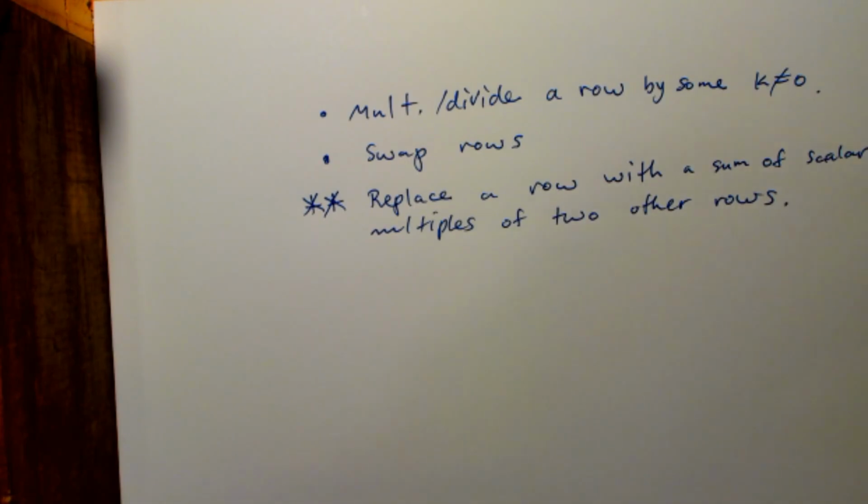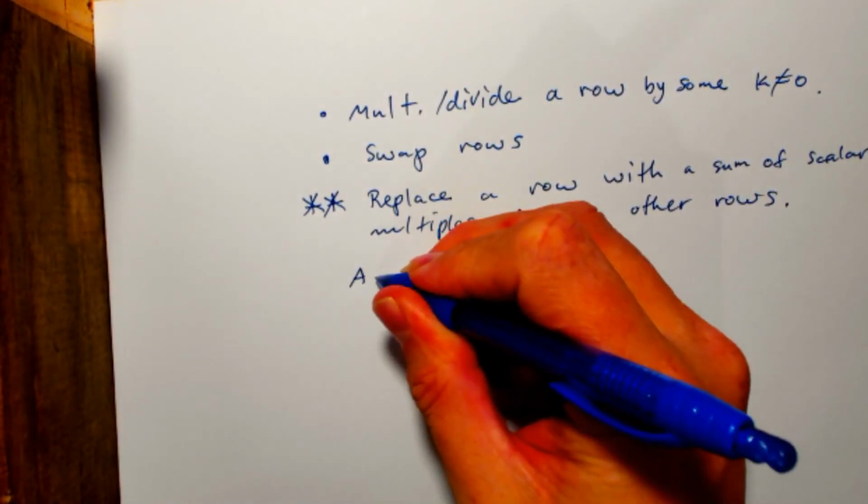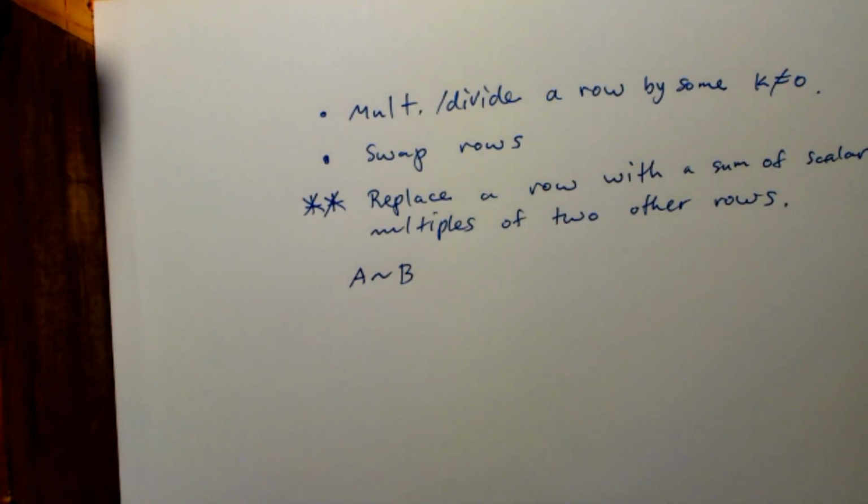Alright, so when we have performed a row operation on a matrix, we use this symbol, a tilde, to say that they're equivalent under row operations, right? The corresponding system of equations that they represent is the same. Alright, let's have a look at definition 1 here.